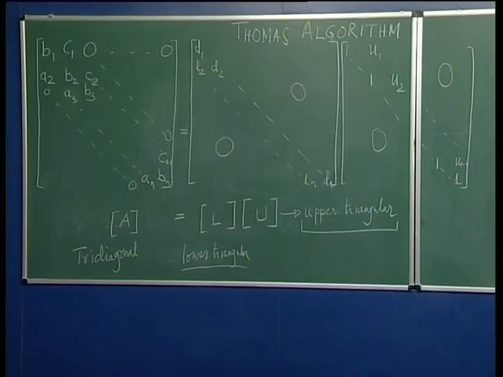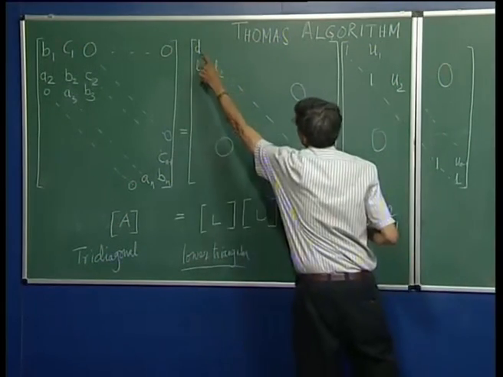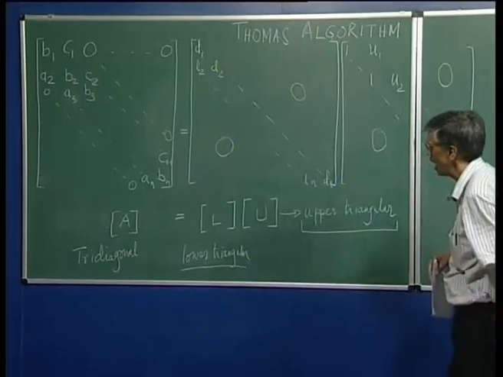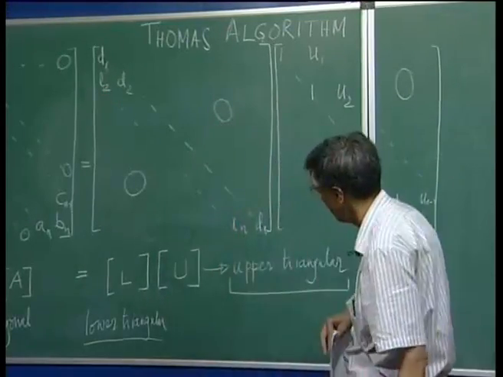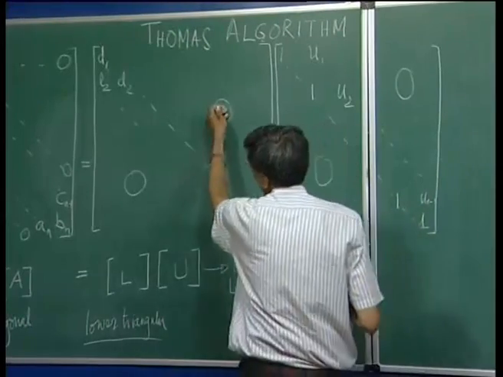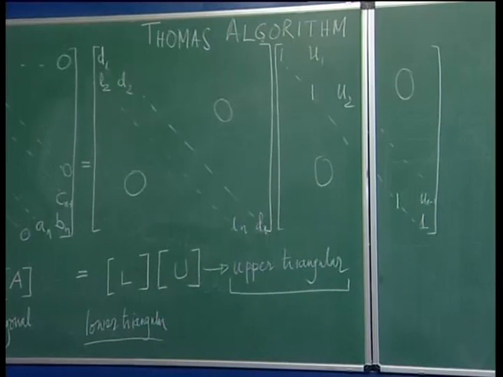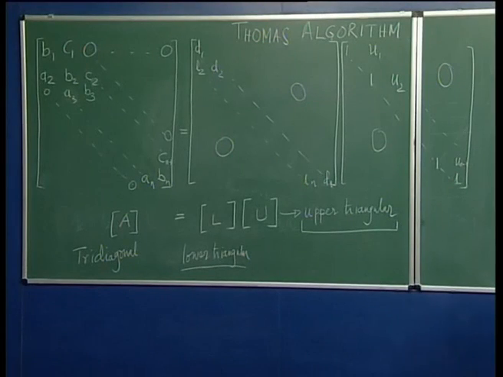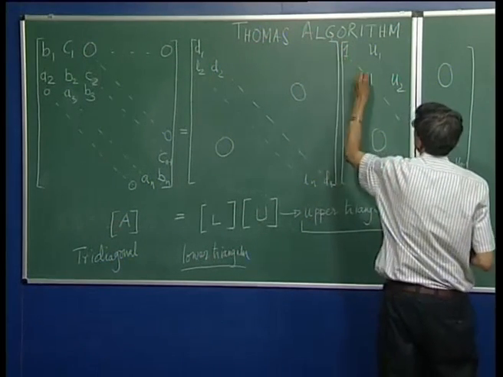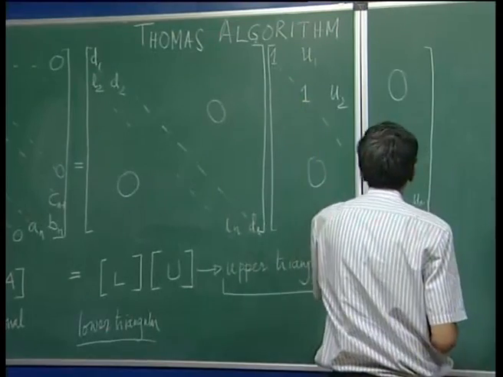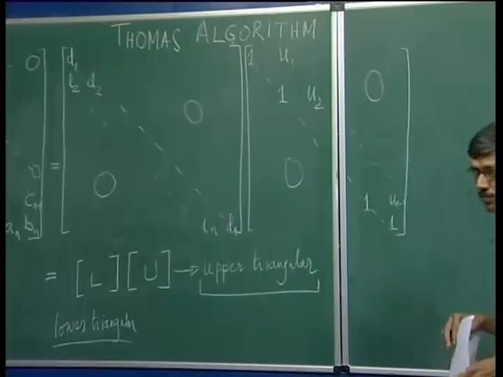Please note the structure of this lower triangular matrix, which has B i's along the diagonal and L i's along the sub diagonal elements. Rest of the elements of this matrix are identically 0. Also note that the upper triangular matrix has 1 along the diagonal and u i's along the super diagonal.